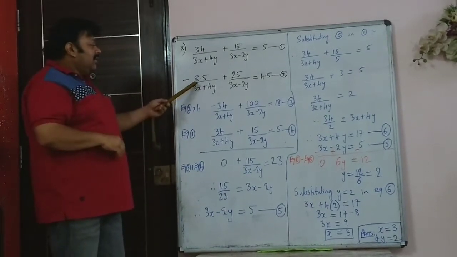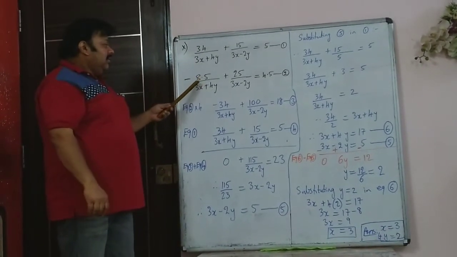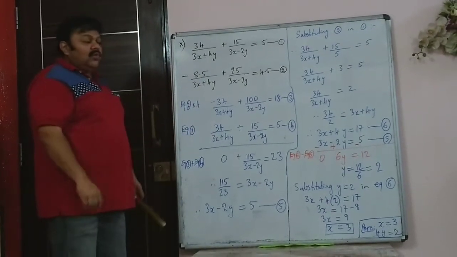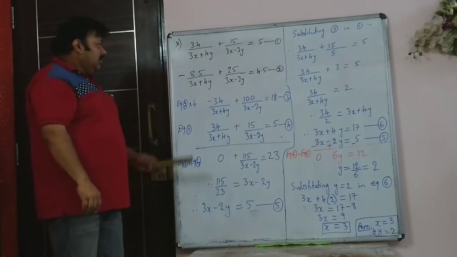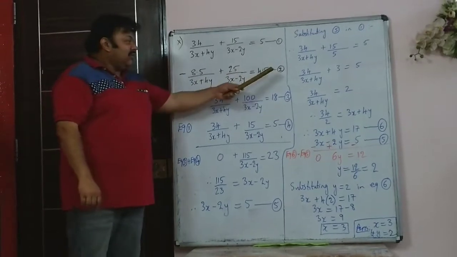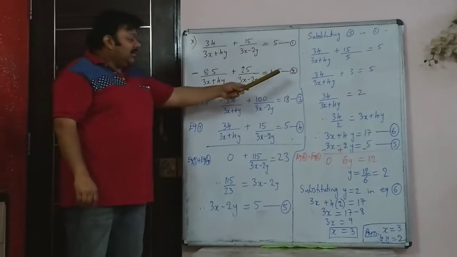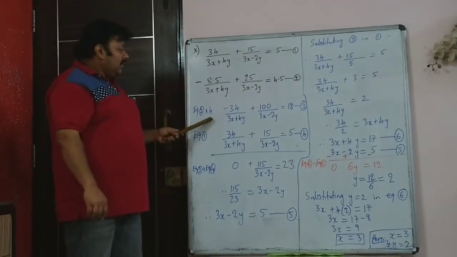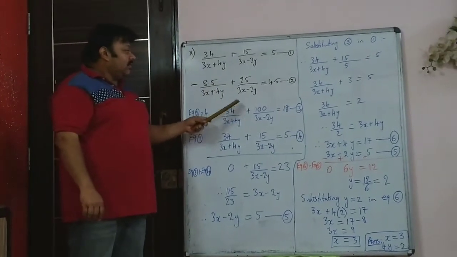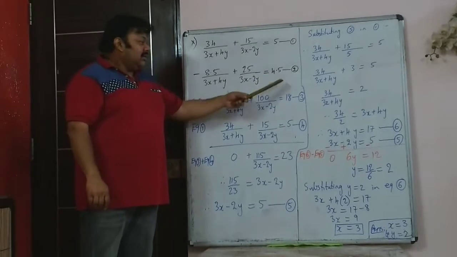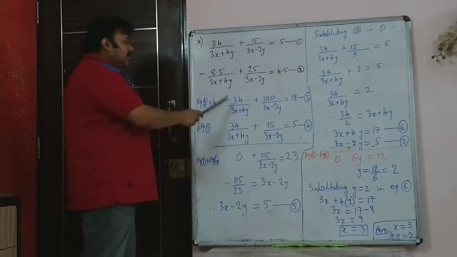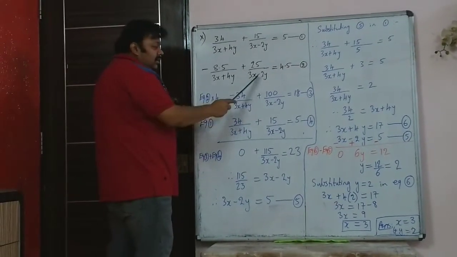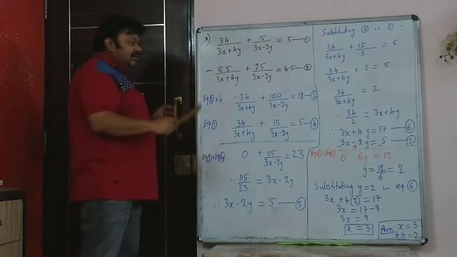Now if you look at this and this equation, if I multiply 8.5 with 4, I get 34. So this second equation I multiplied throughout by the number 4. So when I do that, I get minus 34 plus 100 is equal to 18, and the denominators remain as they are.